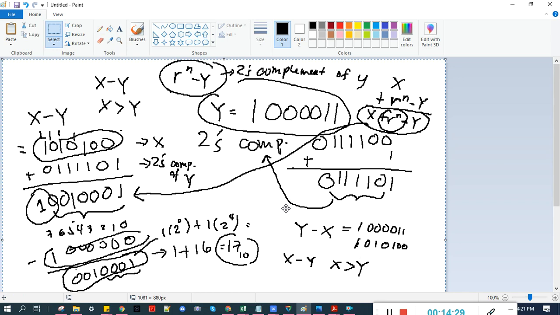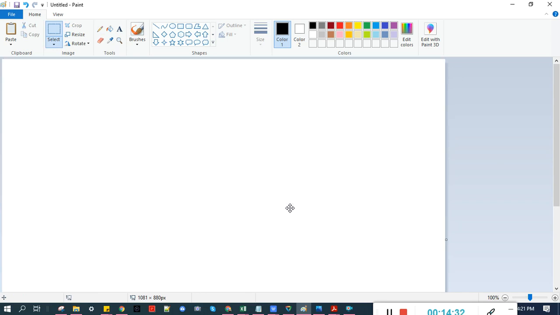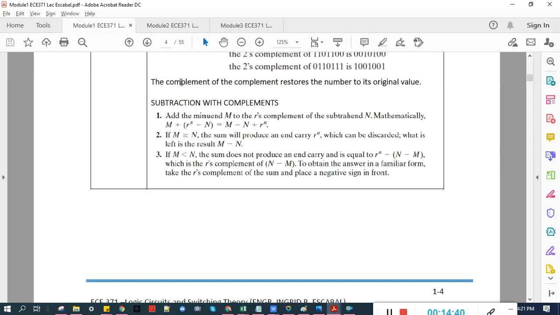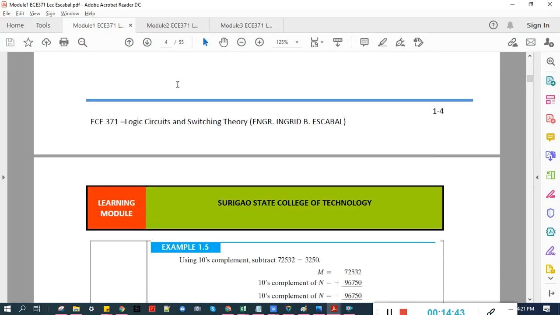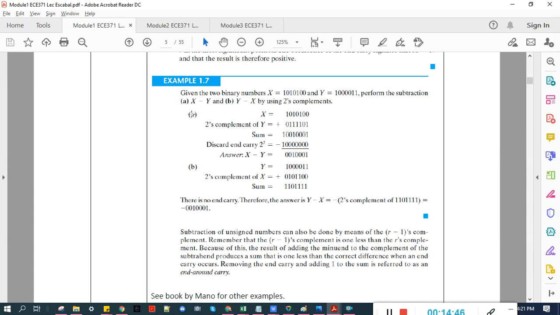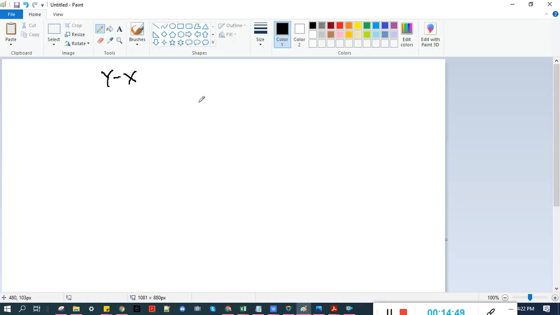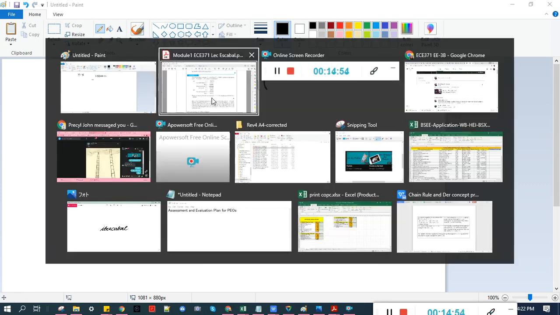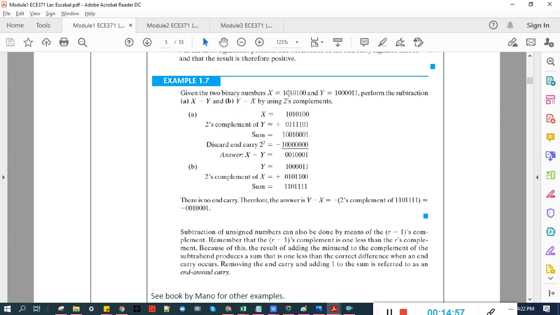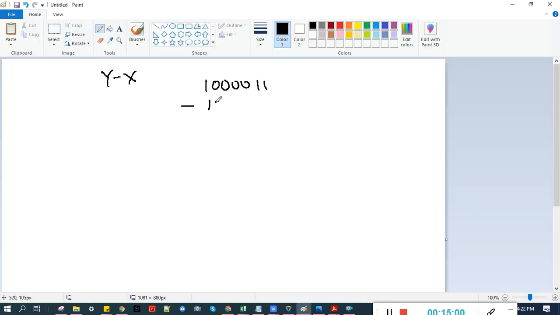Let's do the second one, which is y minus x. y is 1 followed by 4 zeros and then 1 1, minus x, which is 1 0 1 0 1 0 0. So the condition here is y is less than x.